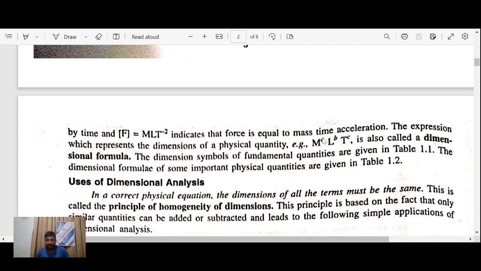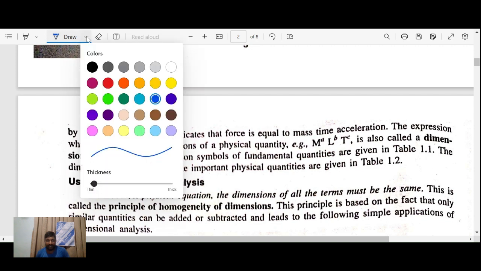So here capital M is raised to the power a. That means if you compare with the dimension for force, you can see capital M to the power 1 is available here, right? I'll use the red color.